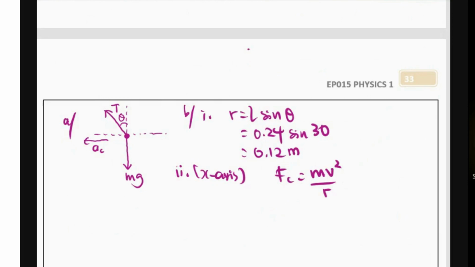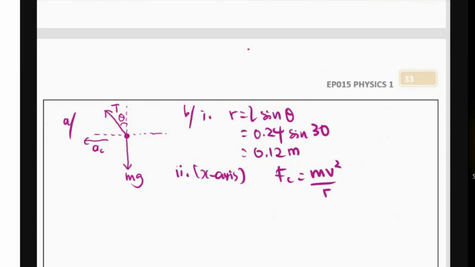Then we can think of forces that are parallel with the AC along the x-axis. The weight has no x component, but the tension has its own x component. This is T, this is theta.